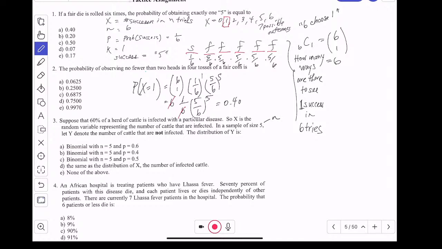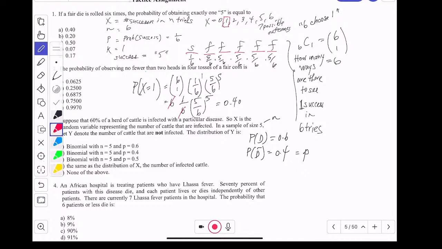And P, well, I know that the probability of disease is equal to 60%. So the probability of no disease is equal to 40%. So this must be P. So Y is a random variable with N of 5 and P of 0.4. So B is the answer.